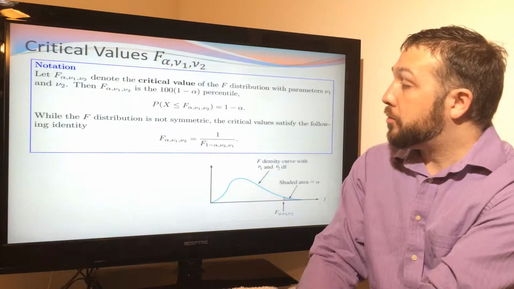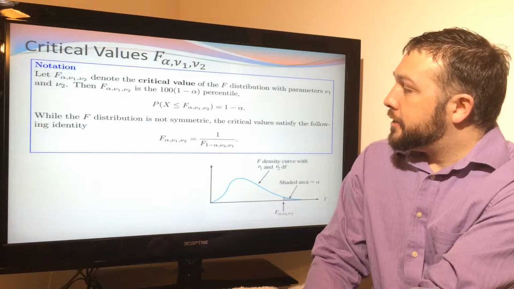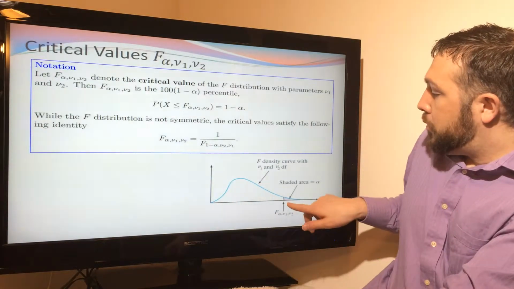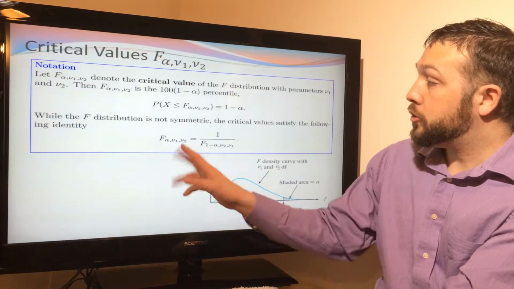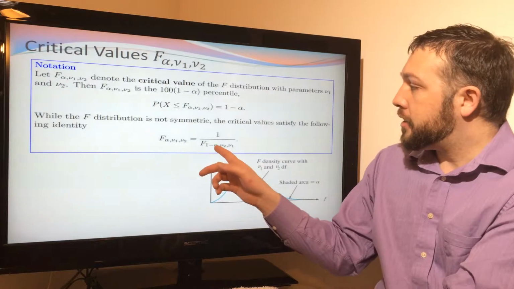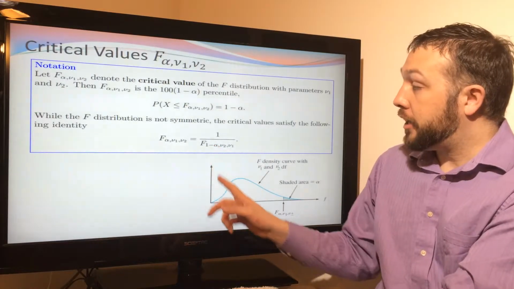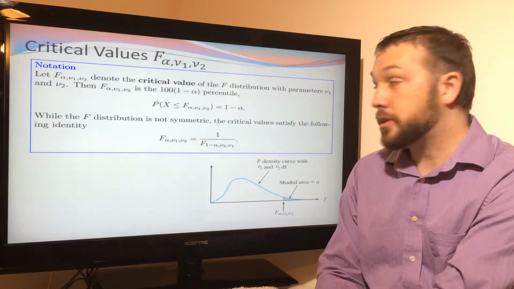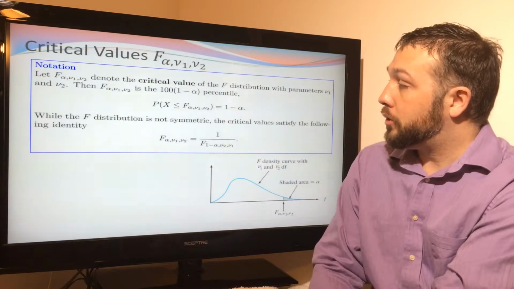This is the nice property, though. If I compute a certain proportion alpha in the tail with nu1 and nu2, and I take the reciprocal of that F and think of the lower tail as having alpha, in other words 1 minus alpha in the upper tail, then this relationship will hold.